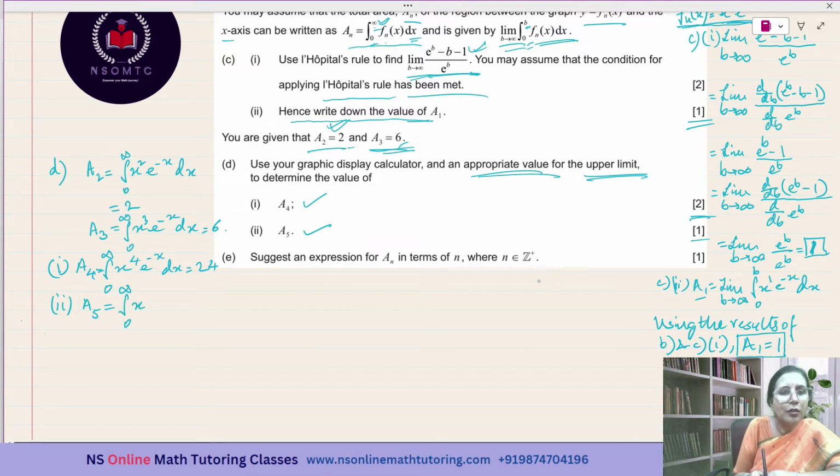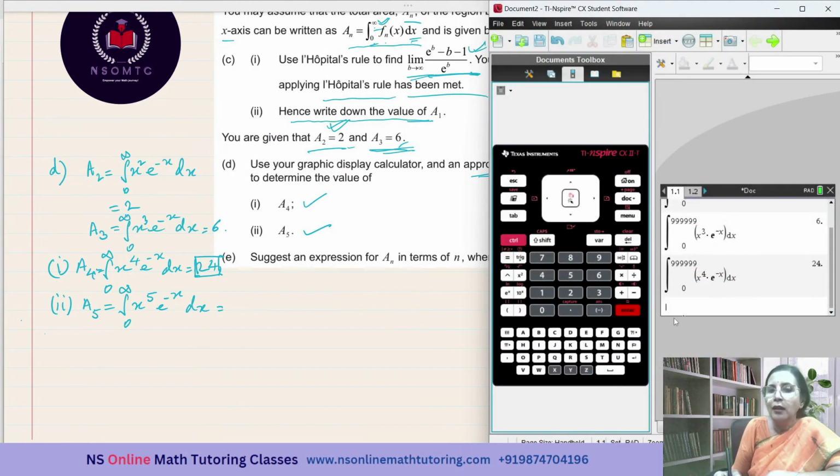So this is x to the power of 5 e to the power of negative x dx. This is the answer for the subpart I of subpart D. A4 is 24. And now let us find A5.